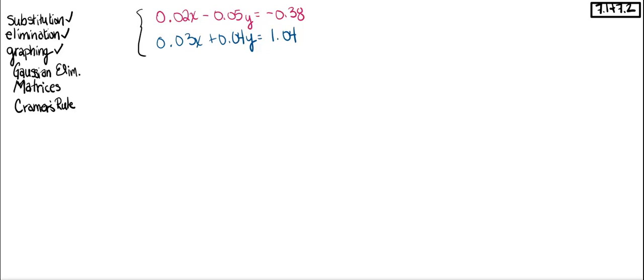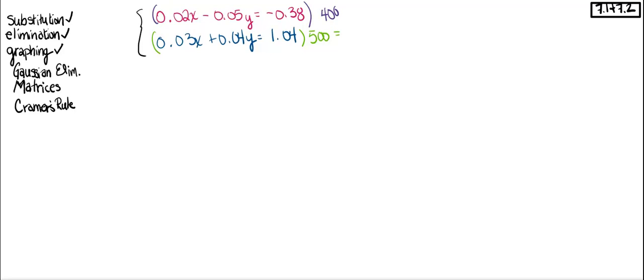So in order to do that, I'm going to have to multiply the top row by 400, and I'm going to have to multiply the bottom row by 500. Since I've already got green here, I'll do the bottom row.